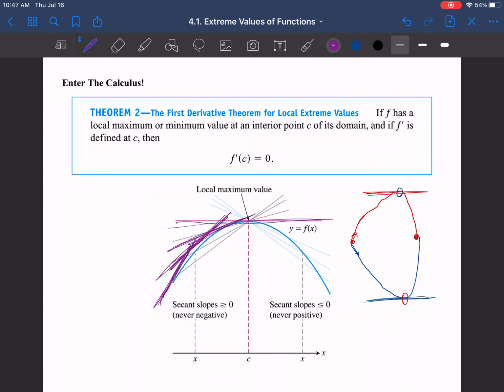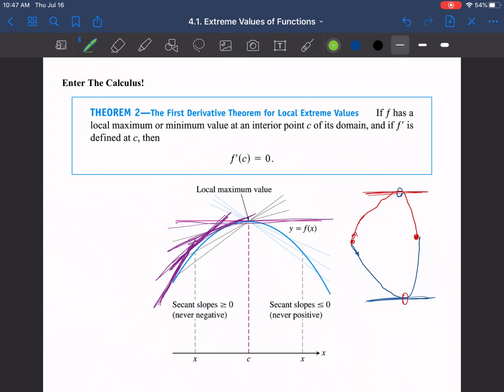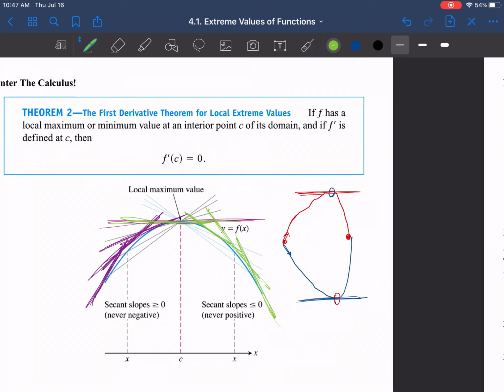And then if we move to the right-hand side, we go from 0 slope right here to negative slopes. You see that? We made that switch to negative slopes that are getting more and more negative as we go, okay? So we don't have positive slopes on that side, and on the other side we have negative slopes. So pay attention to when the sign of the slope changes. That's going to also be very important, okay?